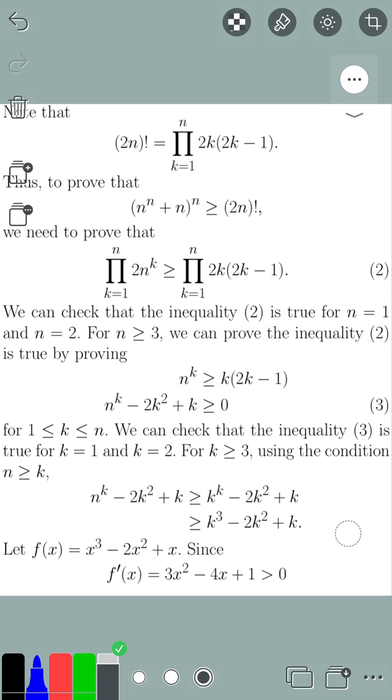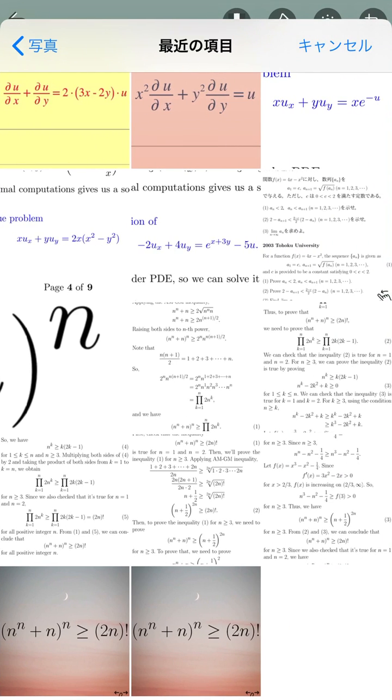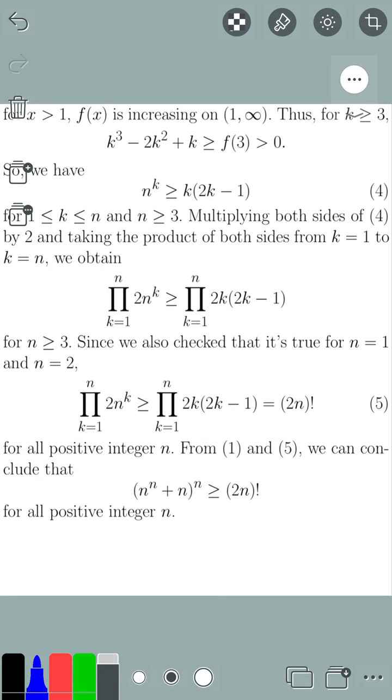Alright, and here we're going to use a bit of calculus. Let the function f of x be equal to x cubed minus 2x squared plus x, and its derivative f prime of x is equal to 3x squared minus 4x plus 1, and this derivative is larger than 0 for x larger than 1.